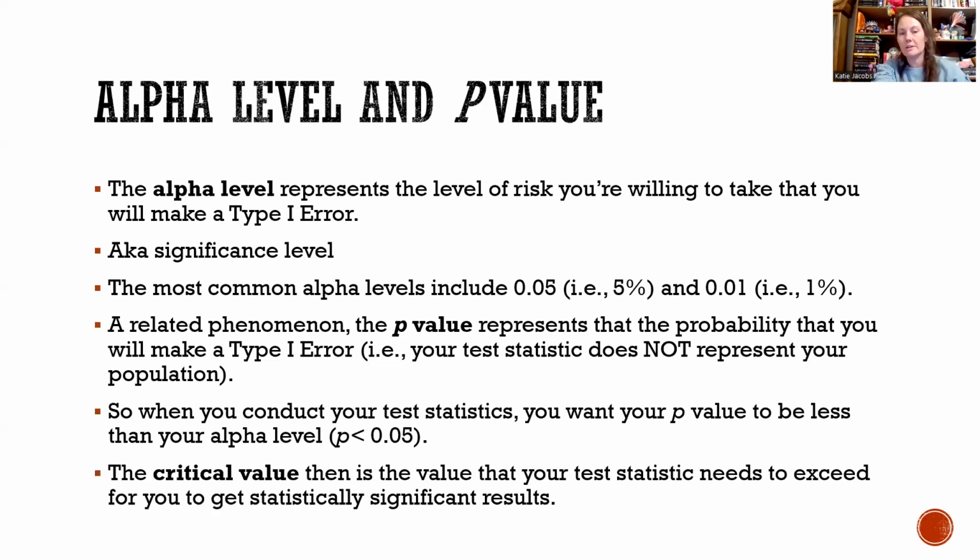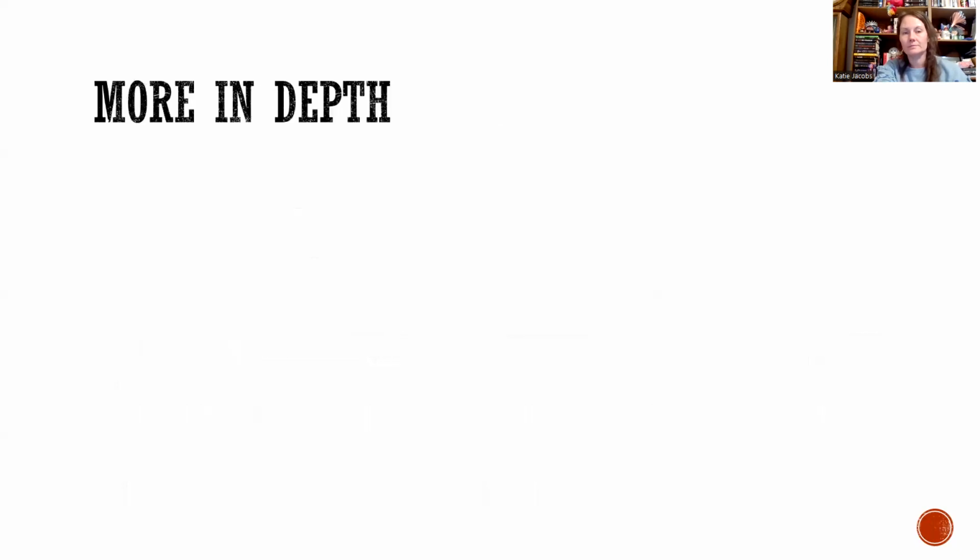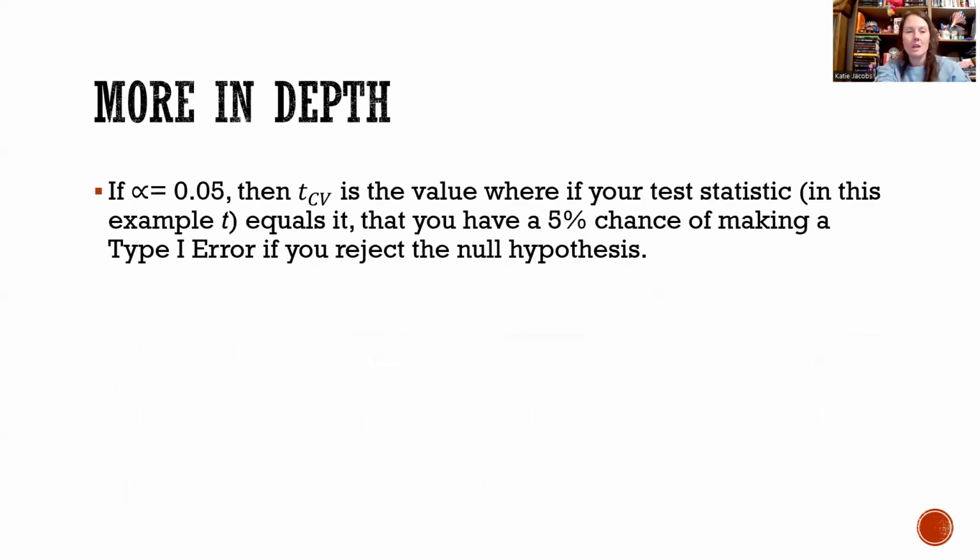Your critical value is going to be your cutoff. The critical value is the value that your test statistic needs to go beyond for you to get statistically significant results. More in depth, if our alpha level equals 0.05, then our critical value is the value that our test statistic equals, where you have a 5% chance of making a type 1 error if you reject the null hypothesis with the data set that you have.